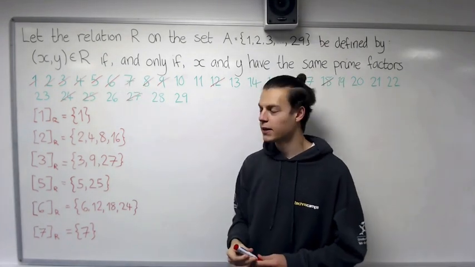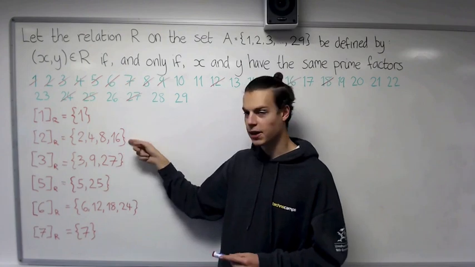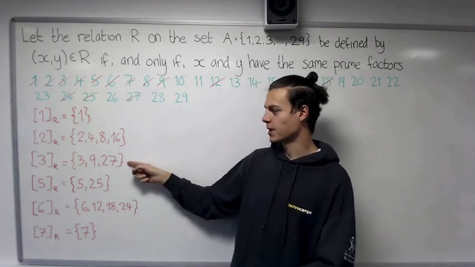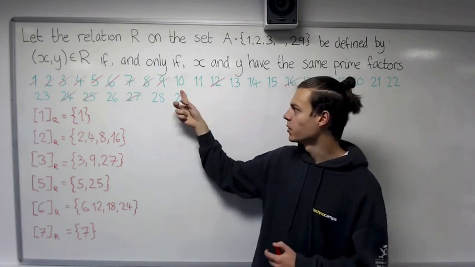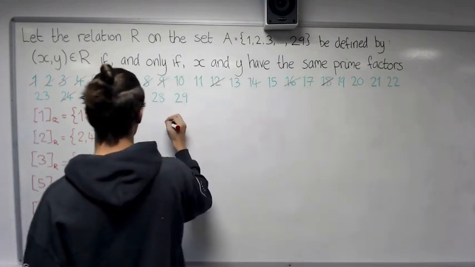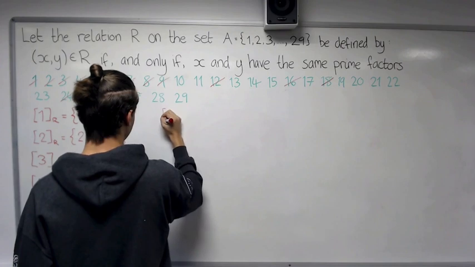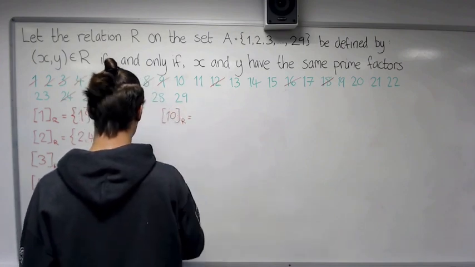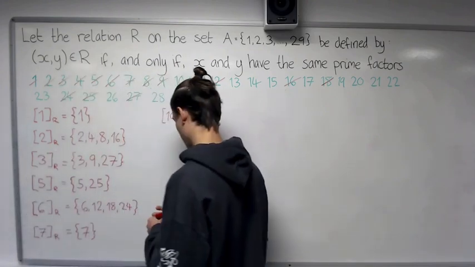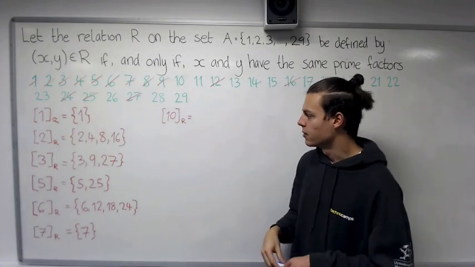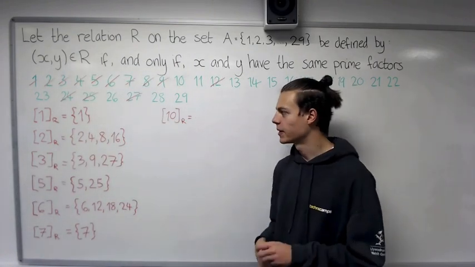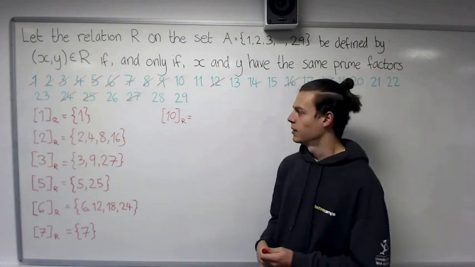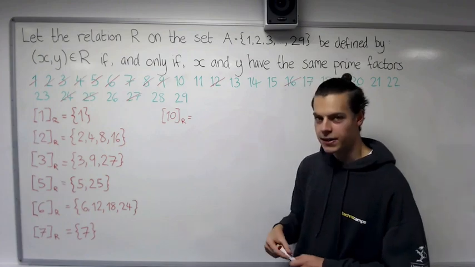Now 8 is already in the equivalence class of 2, and 9 is already in the equivalence class of 3. So we move on to 10. Now 10 has prime factors 2 and 5. Now this is also true for 20.